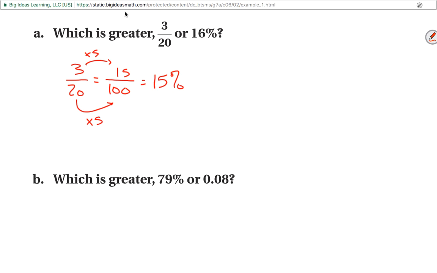You might have gone a different route. Maybe you took that 16% and went right to a decimal, 0.16, or maybe you made it a fraction, 16/100ths. Or you might have gone the other direction and said, I'm going to change this 16/100ths and get a common denominator of 20 because this one over here has a denominator of 20.